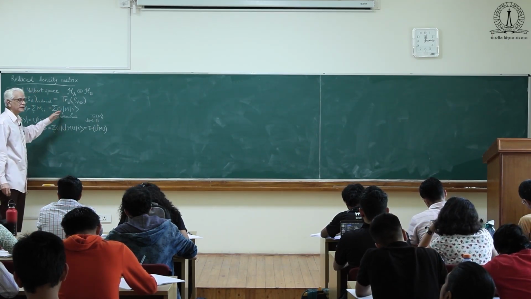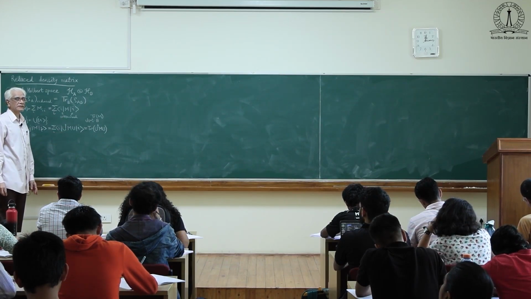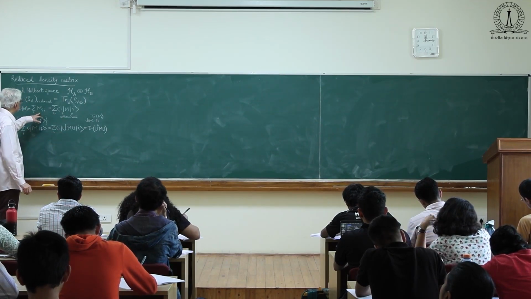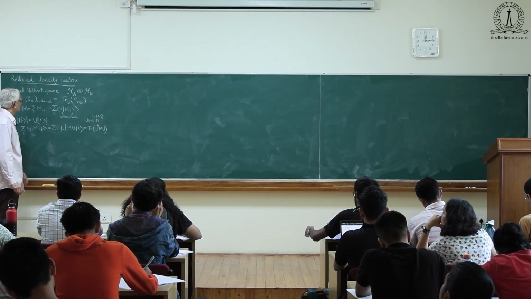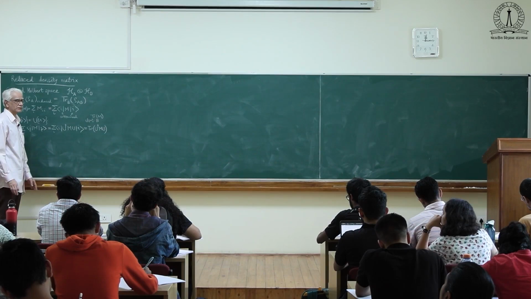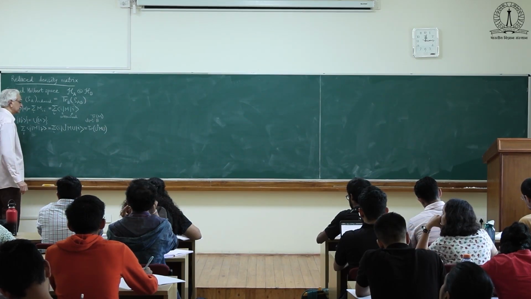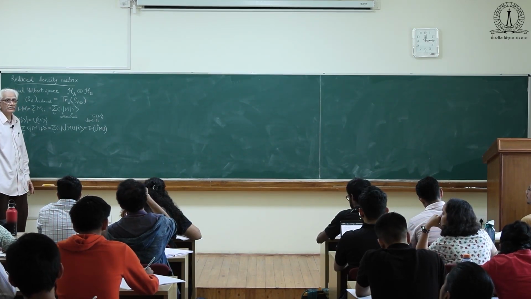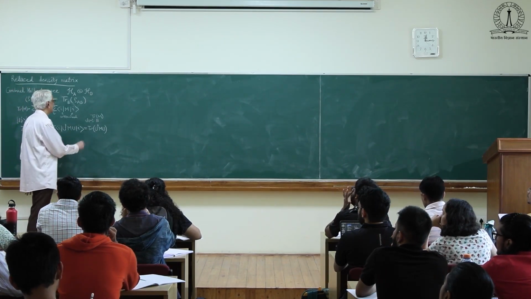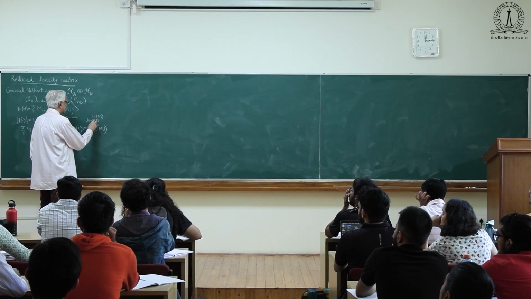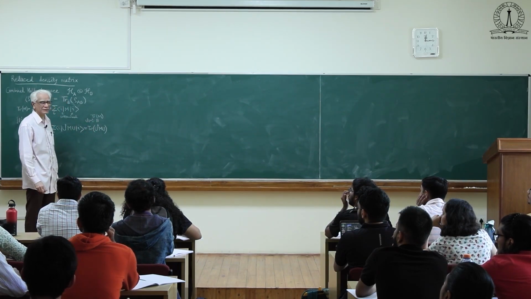So the choice of basis actually doesn't matter. So even though the definition might look like I am choosing some basis and calculating it, the quantity is basis independent. And that is a nice property. If U dagger U is equal to identity, U times U dagger is also equal to identity.